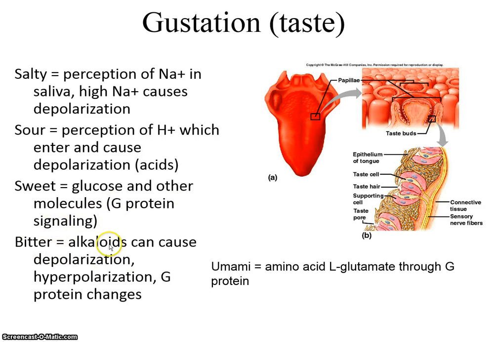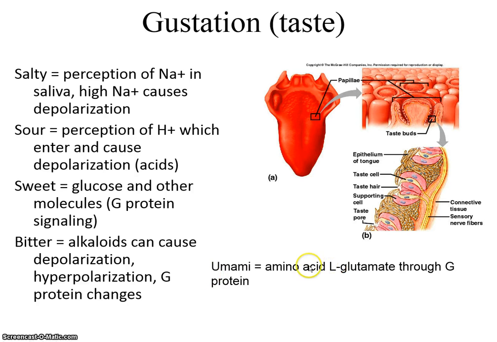Bitter are alkaloids, so oftentimes these are bases, right? Alkaline things can cause this depolarization, and also there can be hyperpolarization from bitter. But again, with G protein changes, we're just going to focus on alkaloids being part of the bitter, and this depolarizes, starts the action potential.